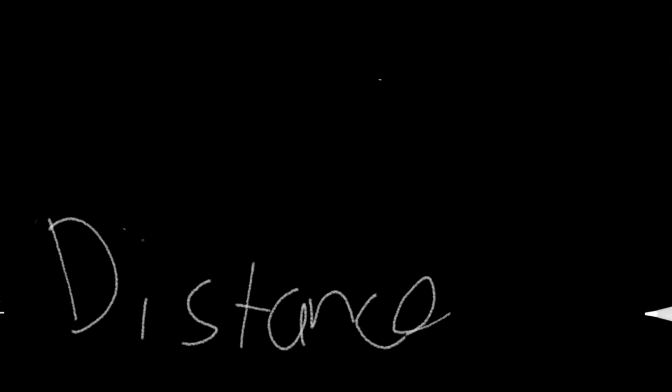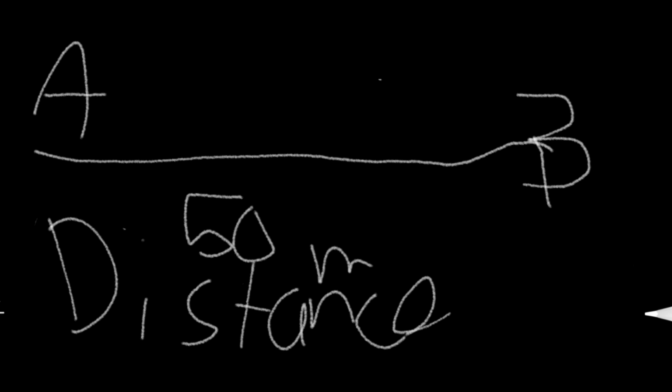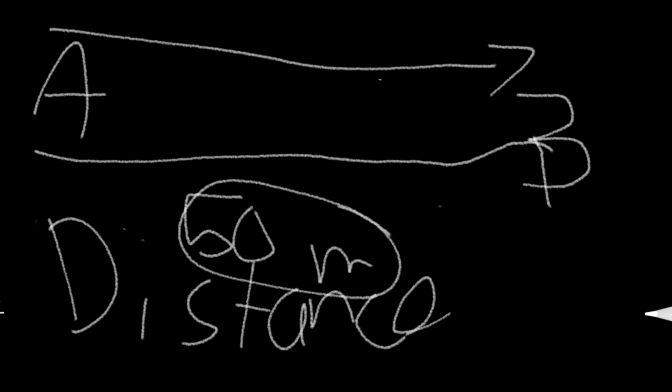Now, let's talk about distance first. Distance is basically the total measure of the path traveled by an object. For example, Bob is at point A. Point A to point B is about 50 meters. Bob travels from point A to point B. What is the distance traveled? 50 meters.